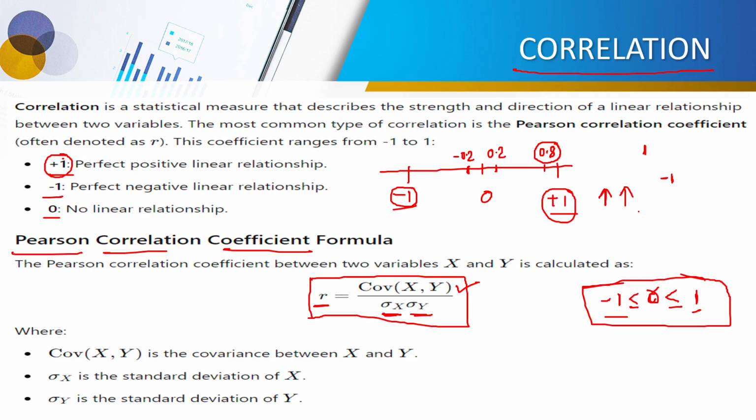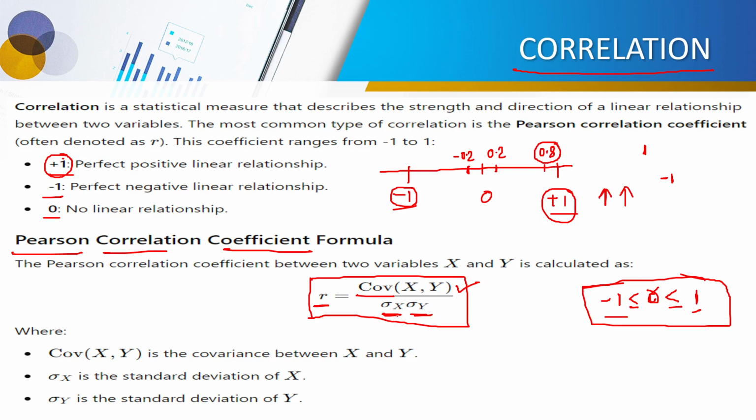If the value is closer to -1, both the variables are strongly negatively correlated, meaning if one increases, the other will decrease by the same amount. And if the value is closer to 0, then they don't have any strong relationship. Okay, and what is the formula for correlation? It requires covariance. We have a covariance.